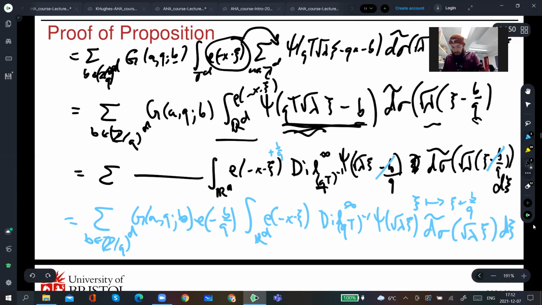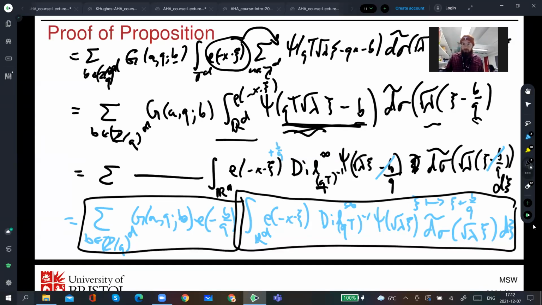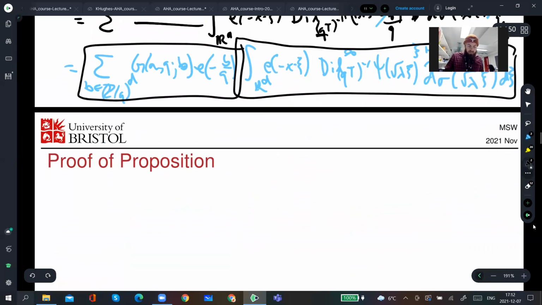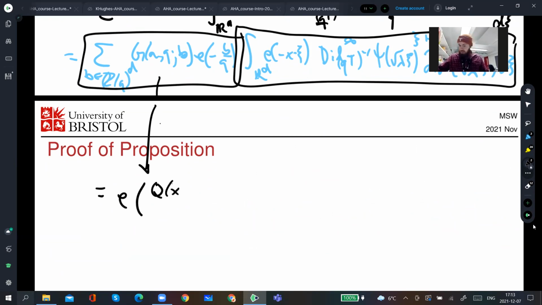Now the whole point will be to understand this part and this part. You see that they don't interact with each other anymore. They're two different parts. I'm going to just leave as an exercise to the reader for them to show that this part is actually equal to e of q of b, what did I say?